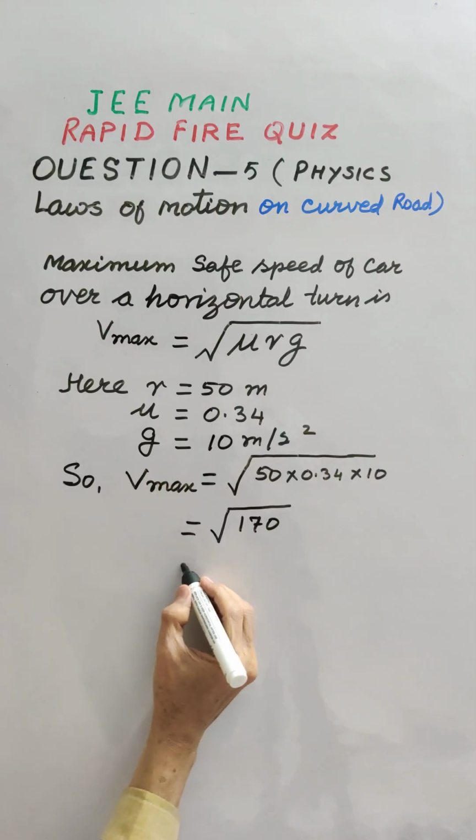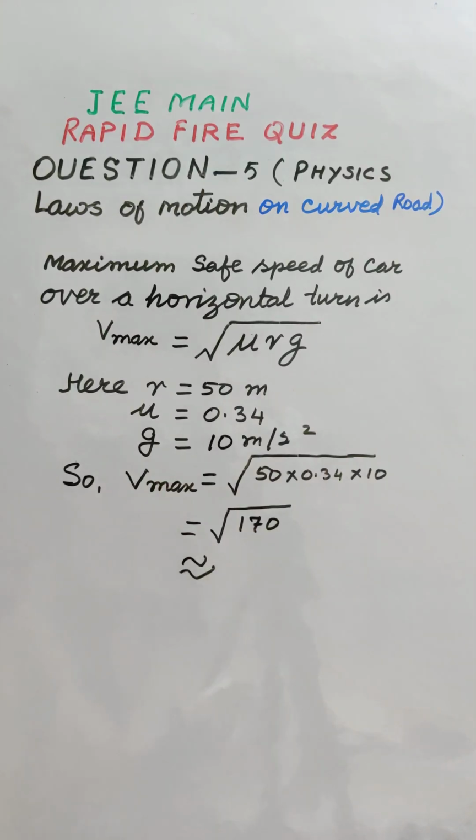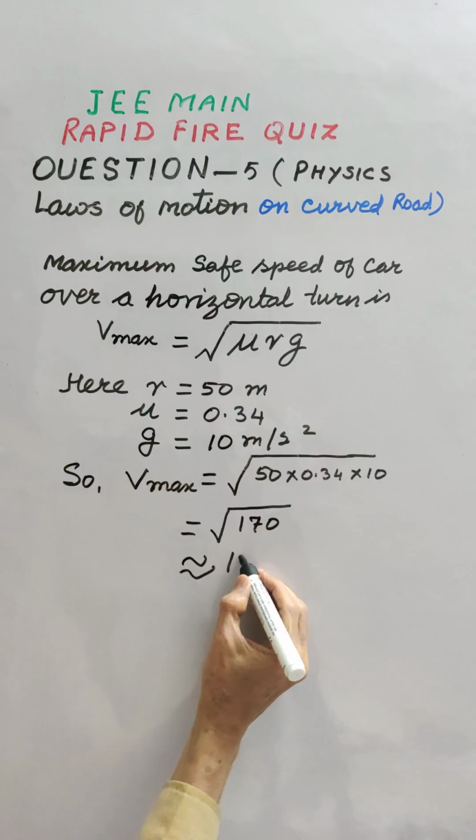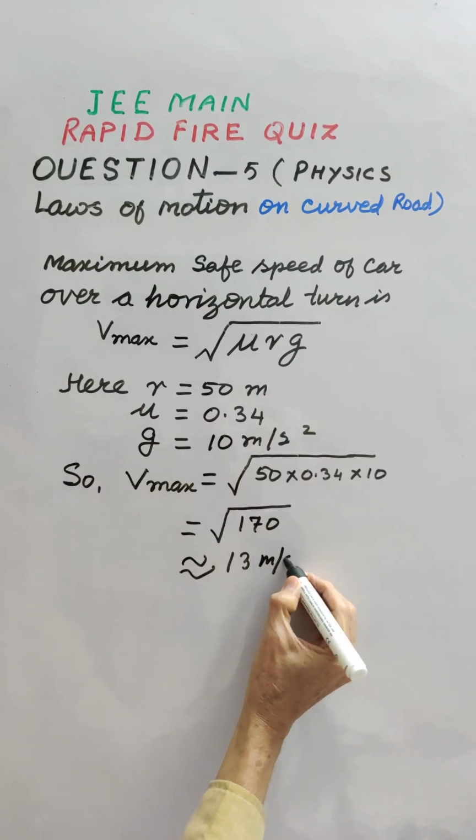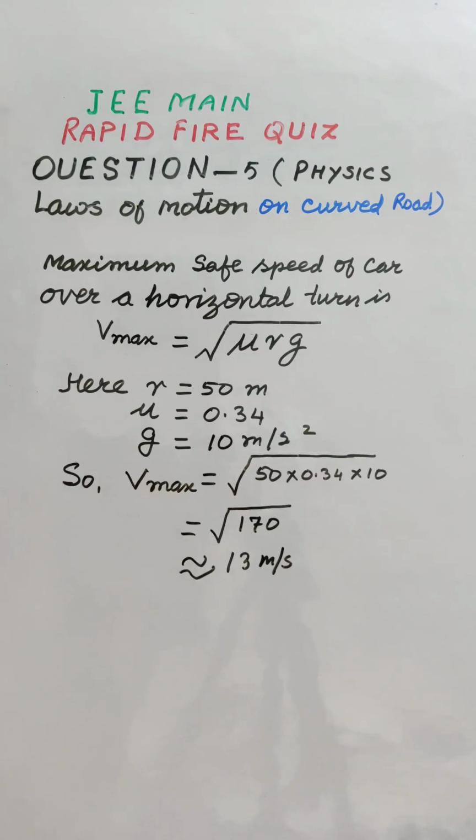That will be approximately equal to 13 meter per second. Square root 170 is approximately 13 meter per second.